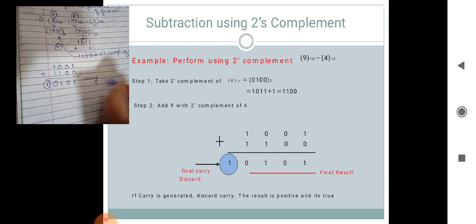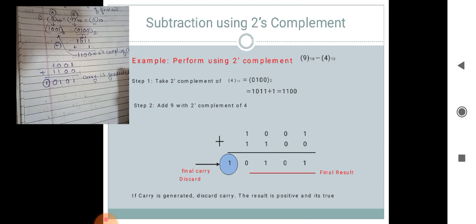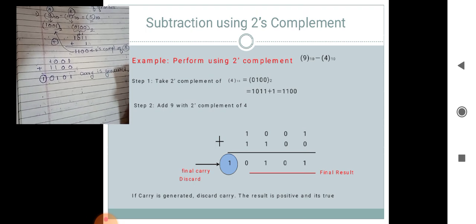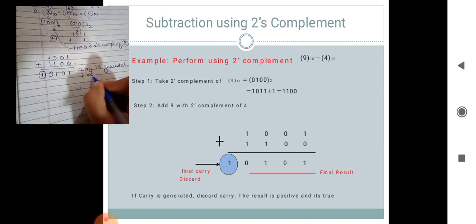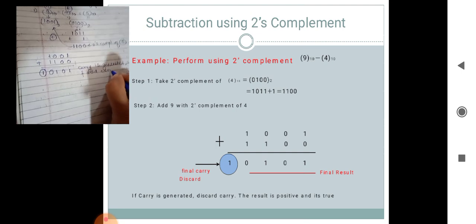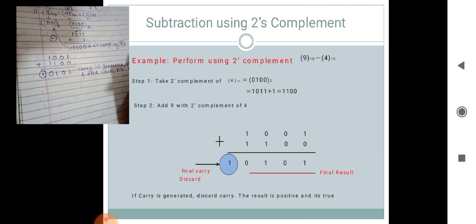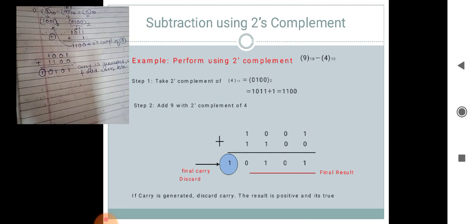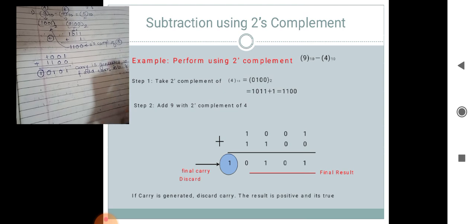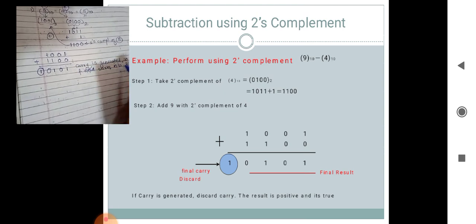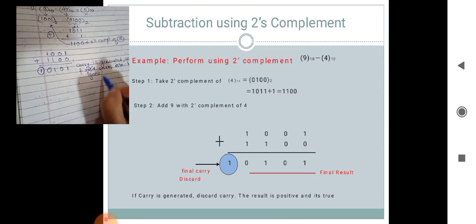Now the third condition appeared, that means carry is generated. You have to write a comment over here, carry is generated. So the answer is positive. Sorry, not adding, ignore carry or discard carry.